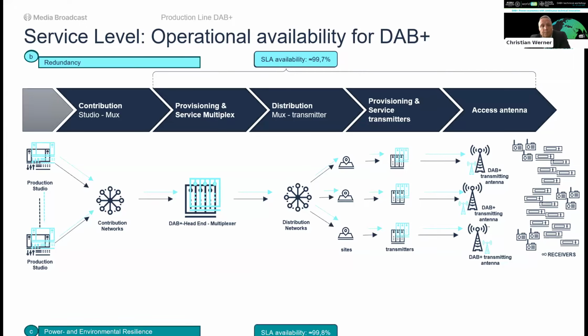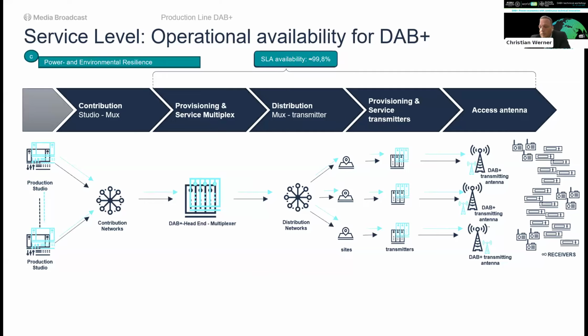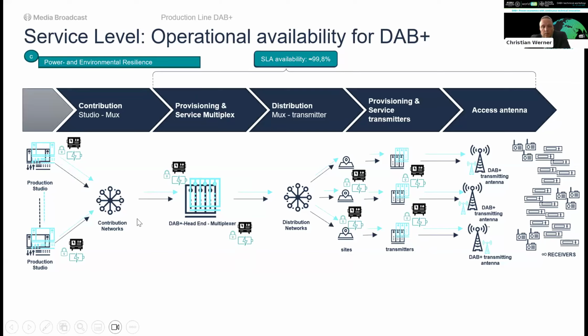The next step to strengthen the network availability is to invest in power and environmental resilience. For example, you can run on each production step fuel-driven generators, or maybe, if cheaper, depending on the local situation, a battery emergency supply system.